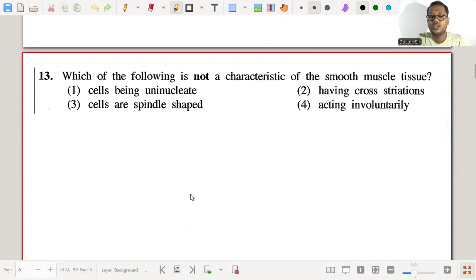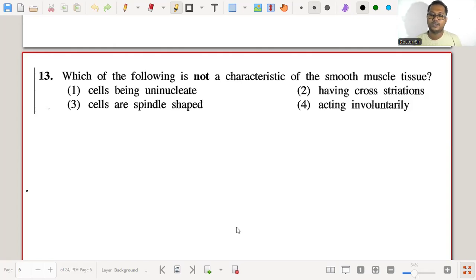This is the next question. Try to find out the correct answer. Only a few people are sending answers.